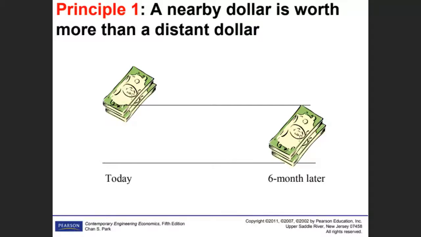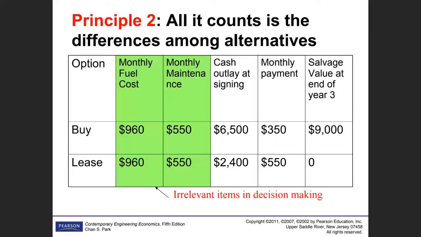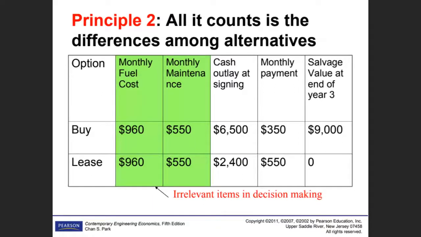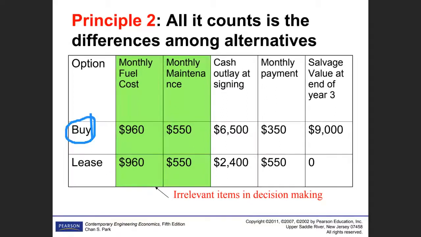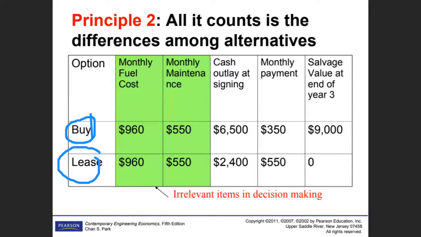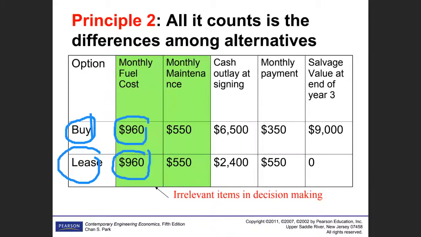So this is the explanation which I have already done on the same slide, that what is the difference. This is just one example which is not important. As for example, you have to decide between alternatives between 2 cars, right? If you have to buy a car or if you have to lease a car, fuel cost is the same, right?